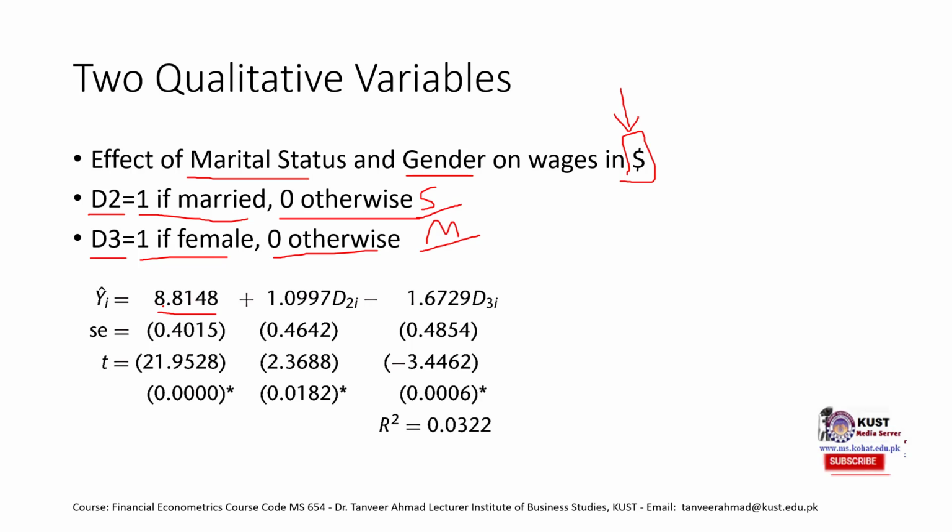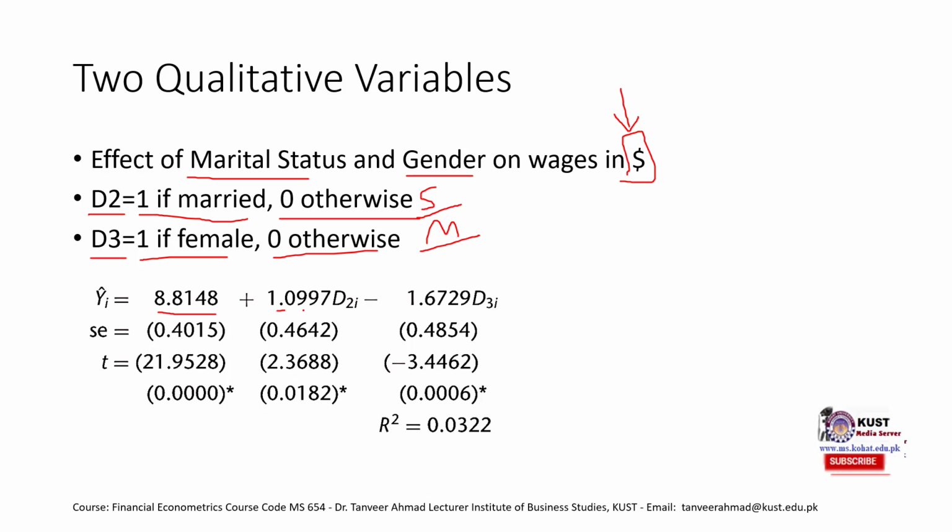So in this case, this 8.81 would mean that, let's say these are hourly wages, per hour wages. So we can say that a single, which is the omitted category, male would have an hourly wage of $8.81. So these are hourly wages, per hour wages.